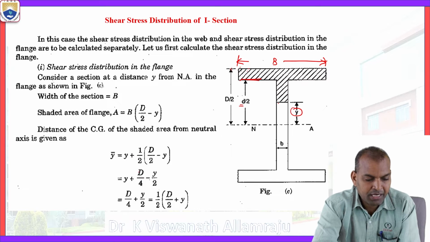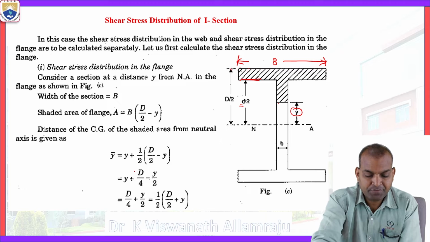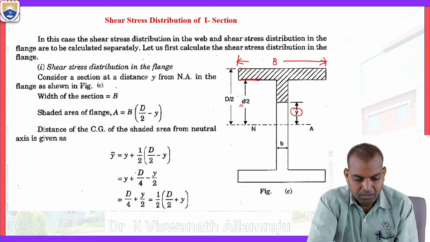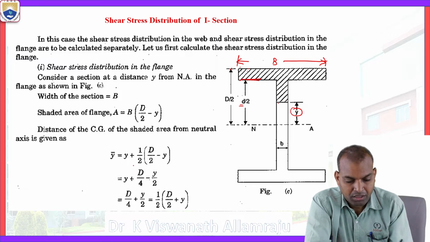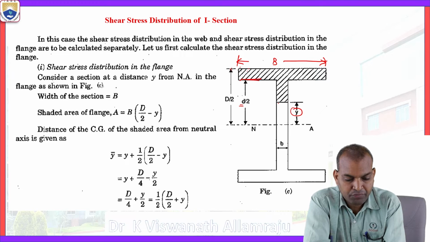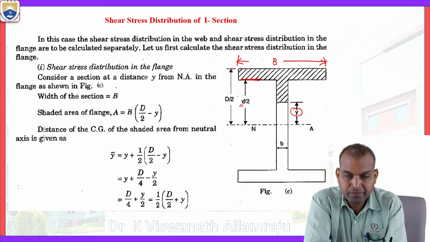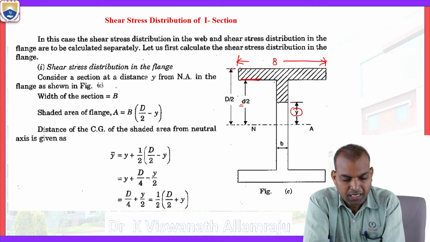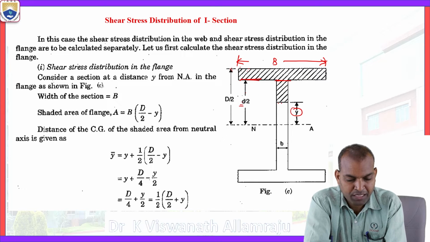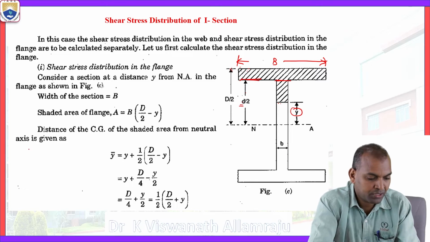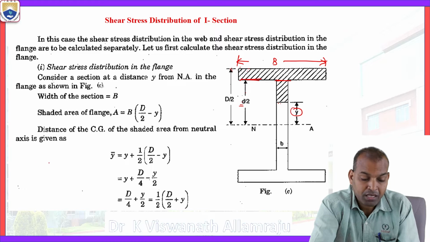There are two portions here, very important: capital B times (capital D by 2 minus small d by 2), plus another portion, small d by 2 minus y times small b. That is the total shaded area.